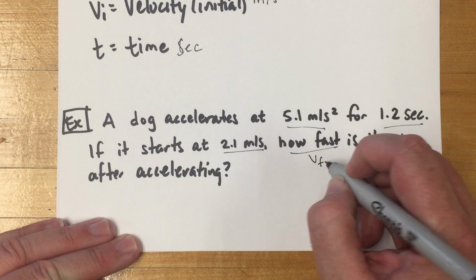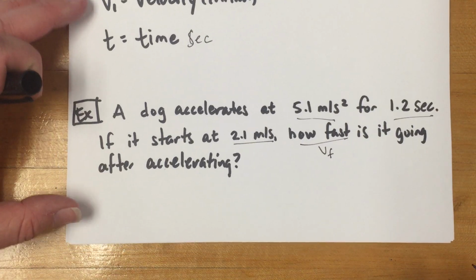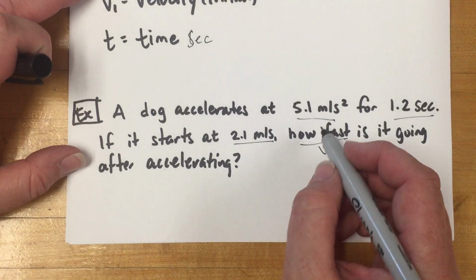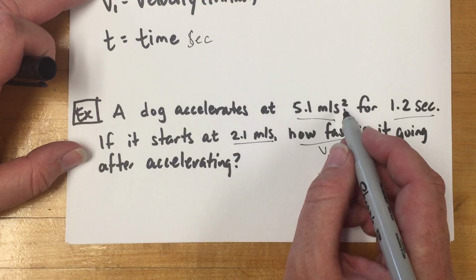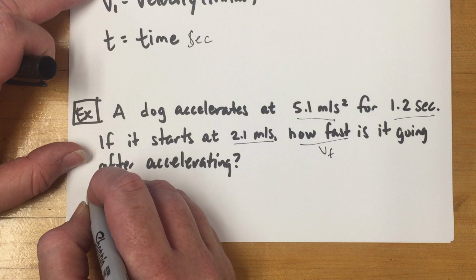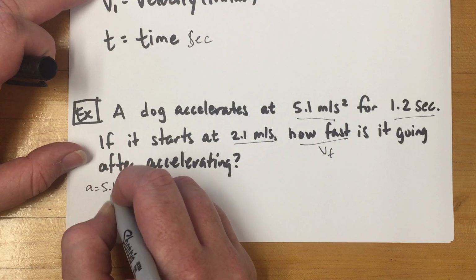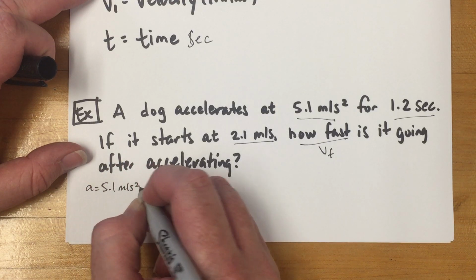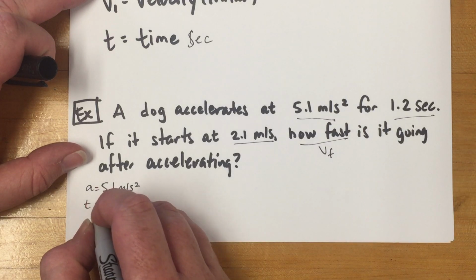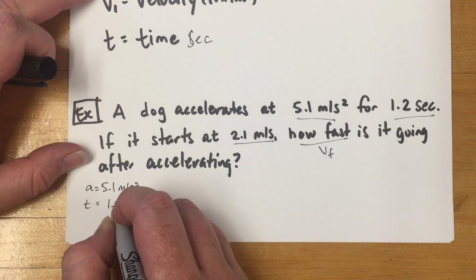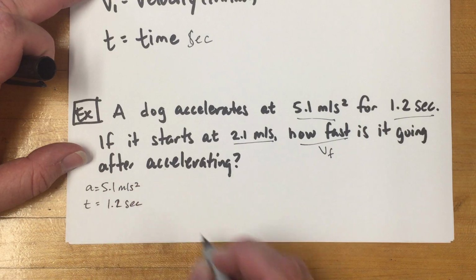So that would be our VF. Let's look at the variables we have here. 5.1 meters per second squared. Anytime is meters per second squared, that's our acceleration. So we write A equals 5.1 meters per second squared. 1.2 seconds is a time. So we would say T equals 1.2 seconds.